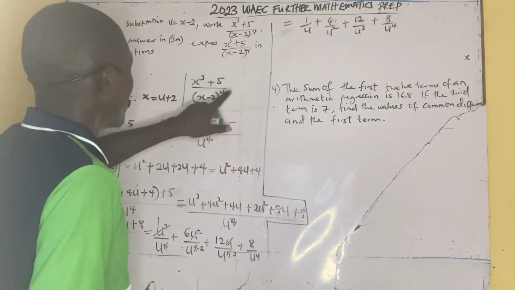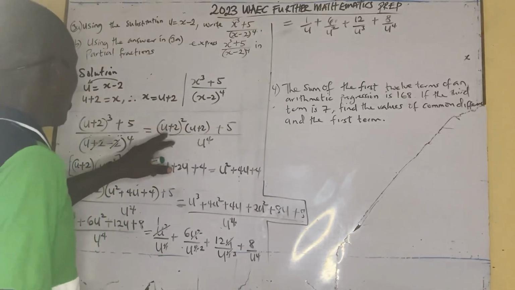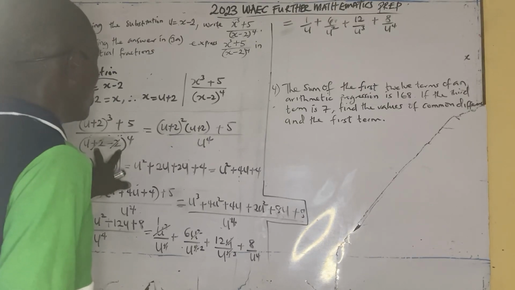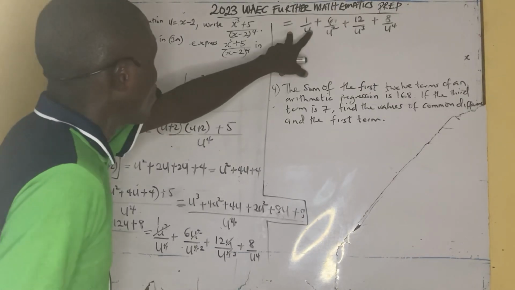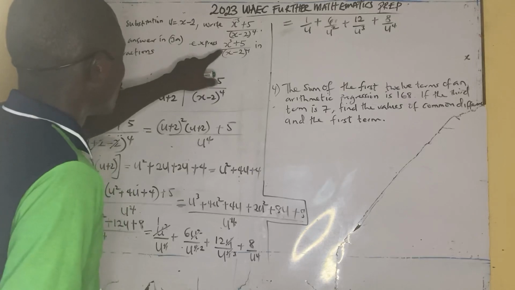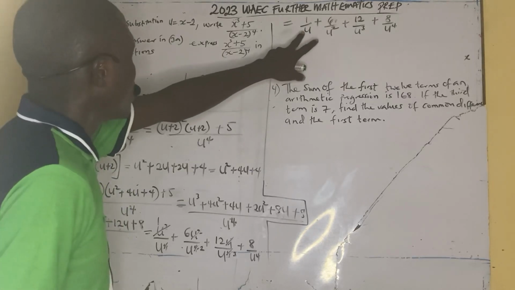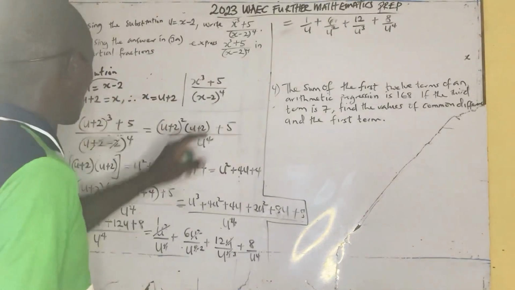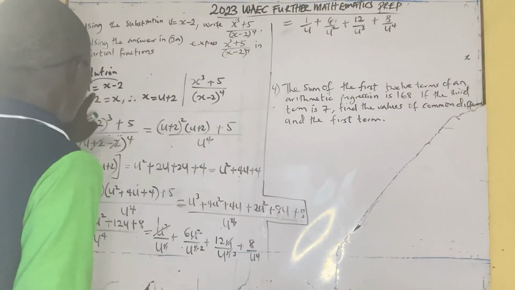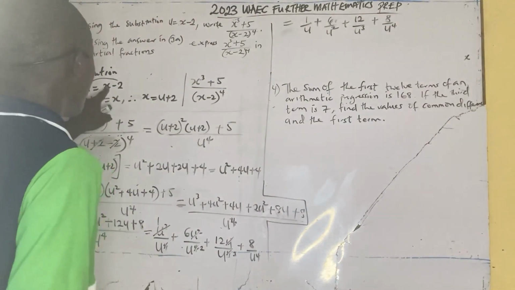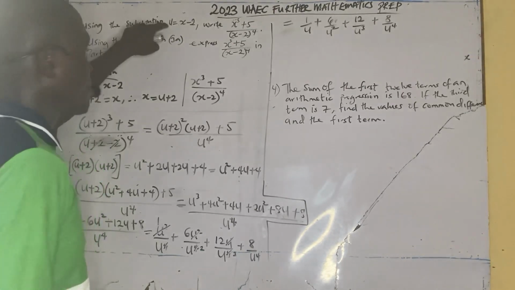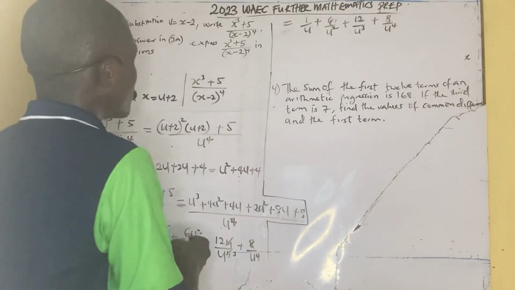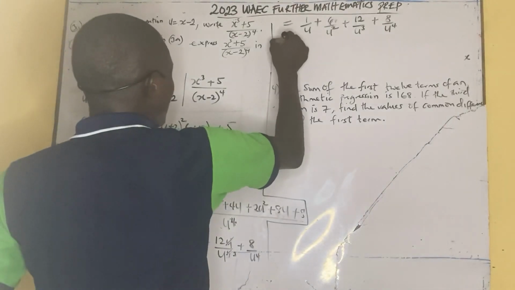We have already said u cubed plus 5, and then you have substituted u here, and you get this. Whenever you see u, you replace it with x minus 2, because we said let u equal x minus 2 as given in the expression.